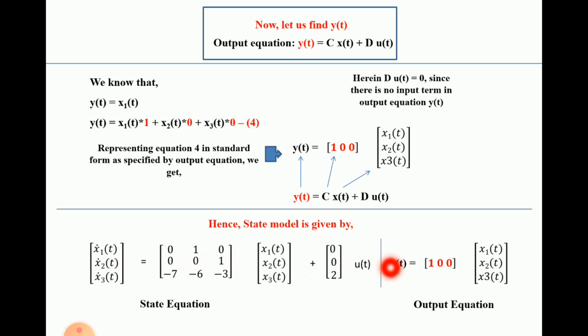Similarly, output equation is represented as y of t is equal to C into x of t. There is no D into u of t because in the output equation there is no input term, hence D into u of t is 0. So this is how we can develop a state model for a given differential equation.